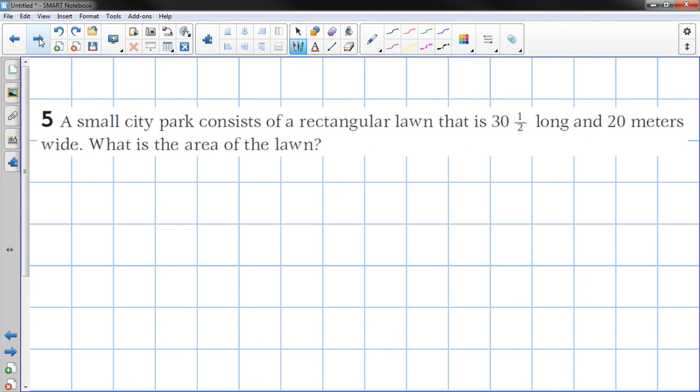So I'm going to have 30.5 times 20. I'm going to break this up into a couple parts. I'm going to say this is the same as 30 times 20 plus half times 20.